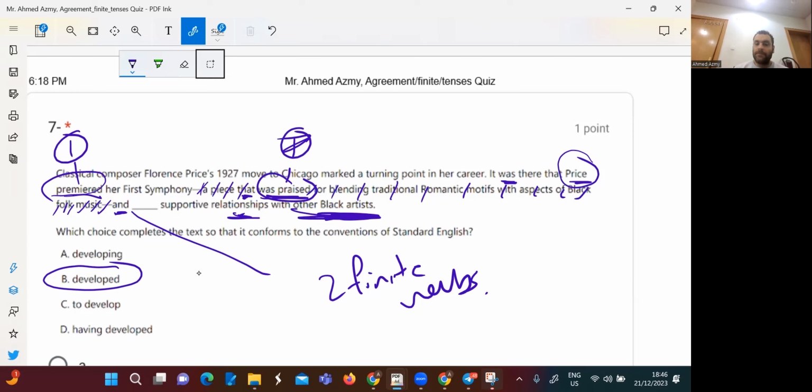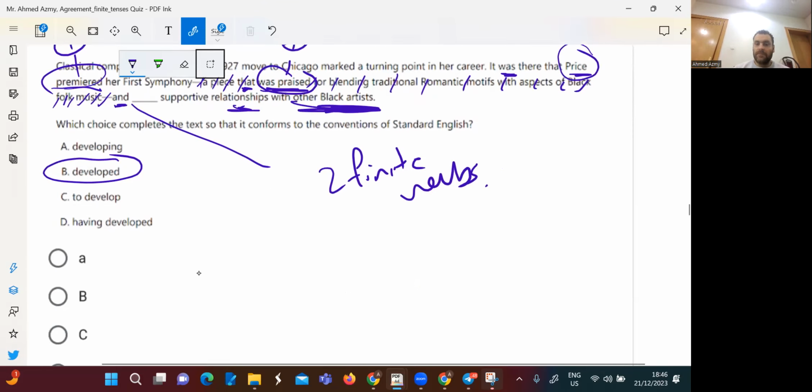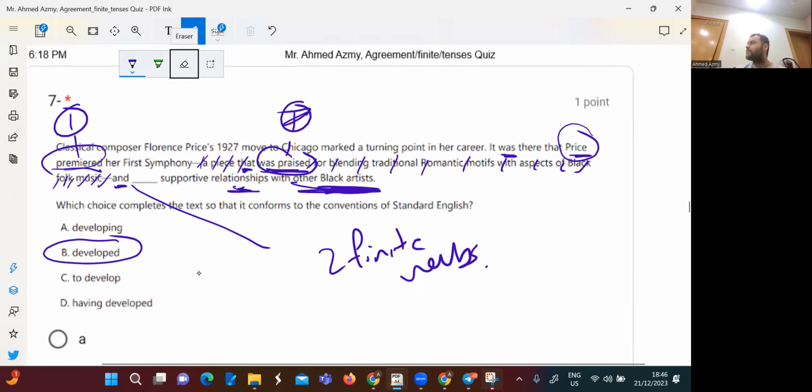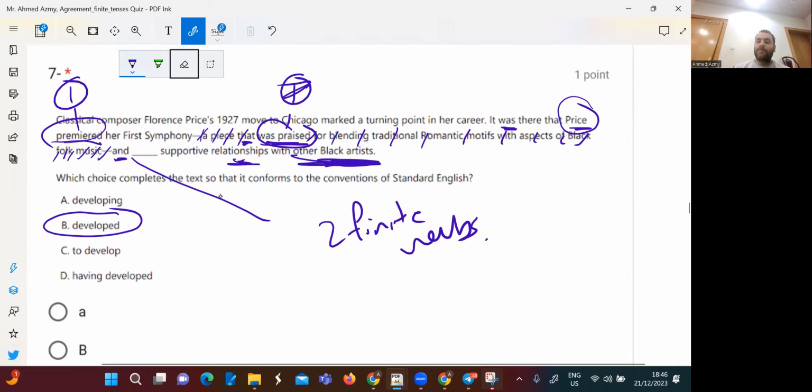That's the second one. It was and developed. Who developed? Who developed relationships? Price. So Price premiered her first symphony and developed relationships with other Black artists.